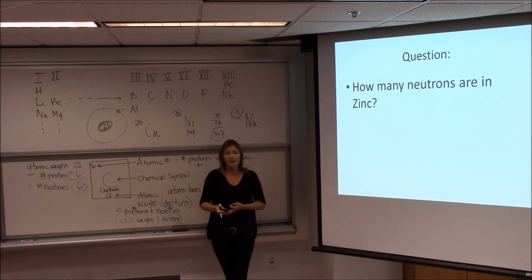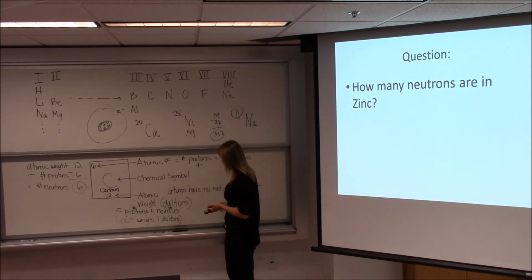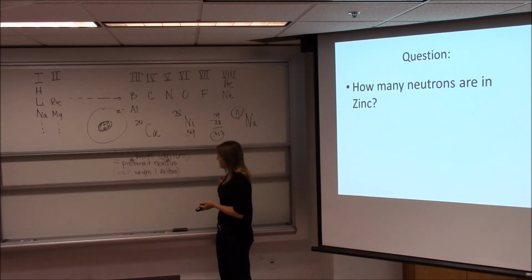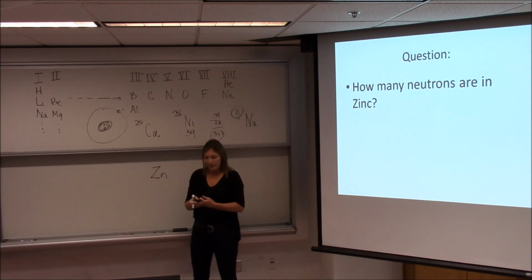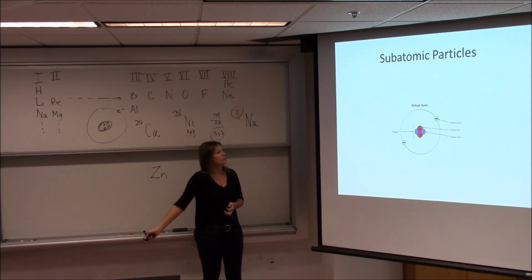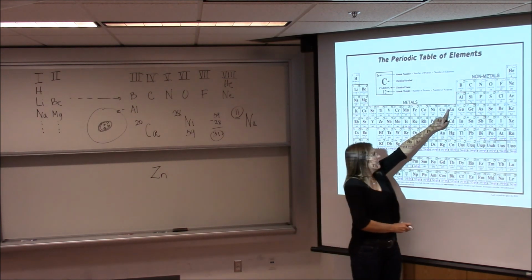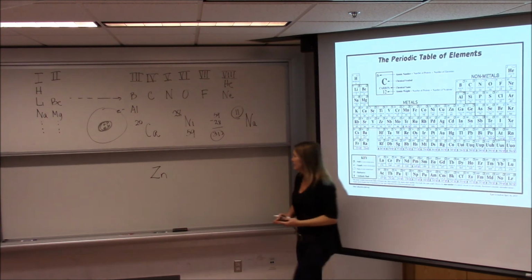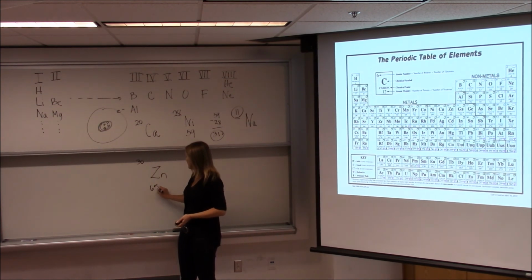Okay, and finally, how many neutrons are in zinc? Zinc is Zn. So let's go back to the periodic table. Okay, zinc is atomic number 30. Atomic mass is 65.